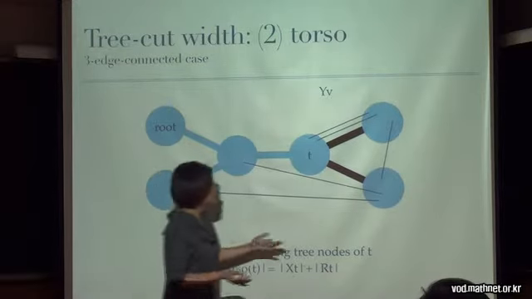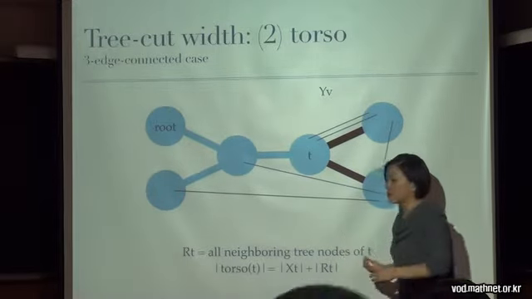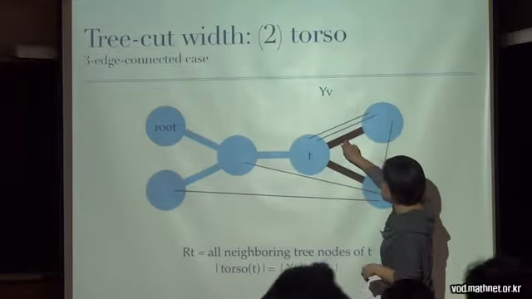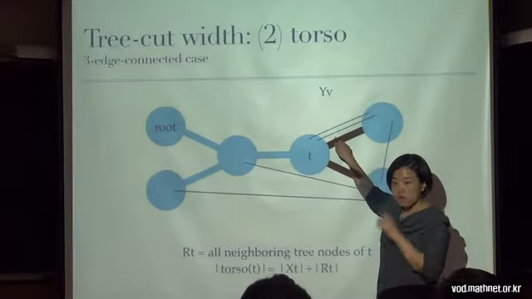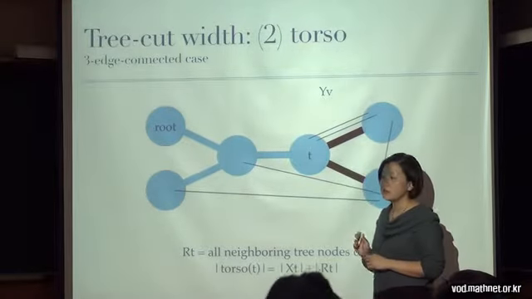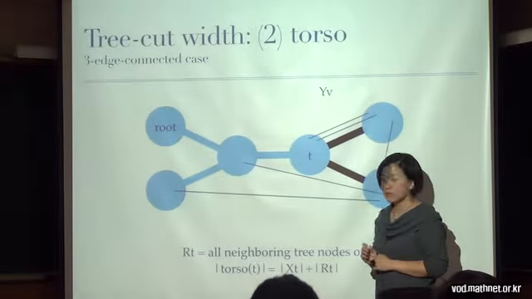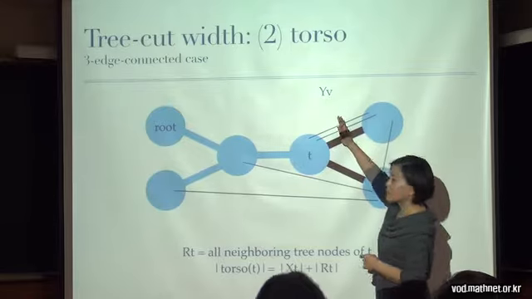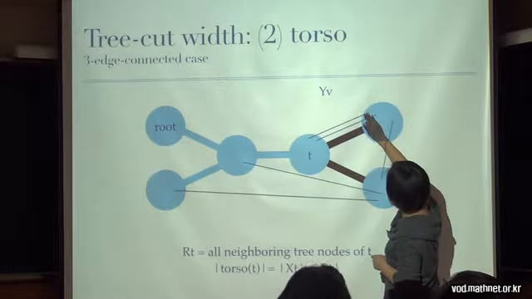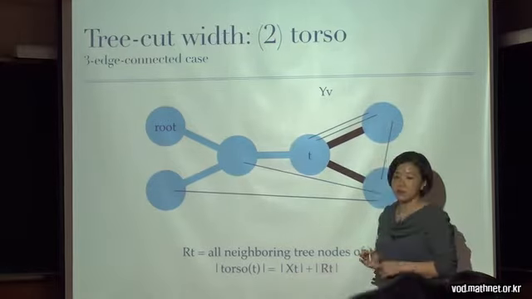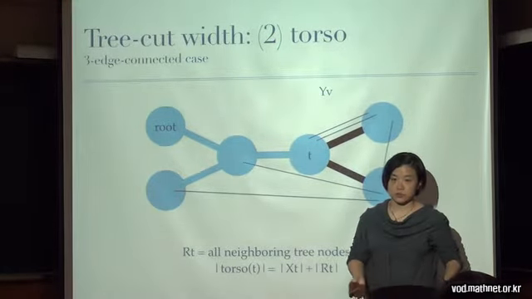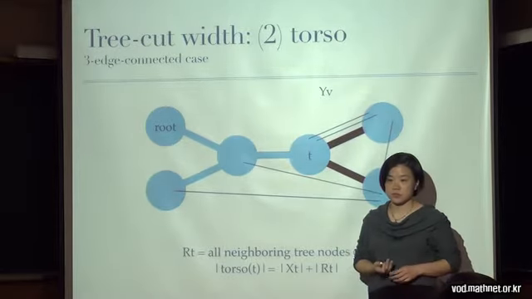So when it's 3-edge-connected, what do we know? We know that for every edge e of the tree, the cut size of e should be at least 3. If you had cut size 2 here, then this corresponds to a cut of size at most 2 in the graph G, which contradicts the 3-edge-connectedness.